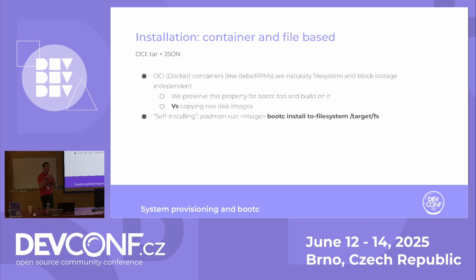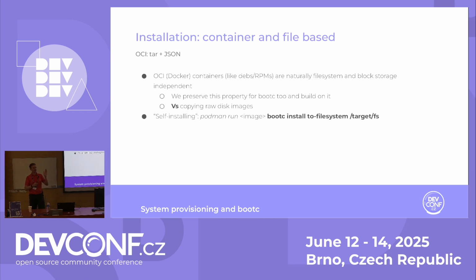This is a core abstraction. Let me back up on this because, remember, we support transactional in-place updates in an A/B style feel, which means some people get hung up and think that what goes on the disk is just what I see when I podman run it, which is true, but it's not true.